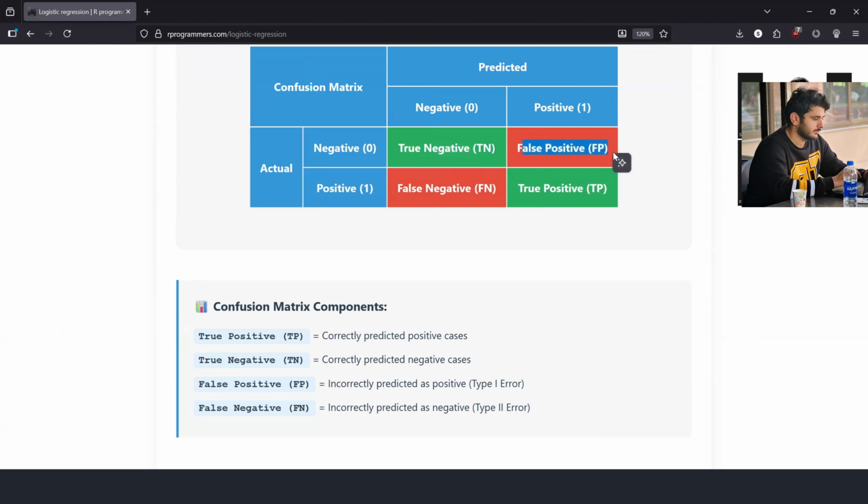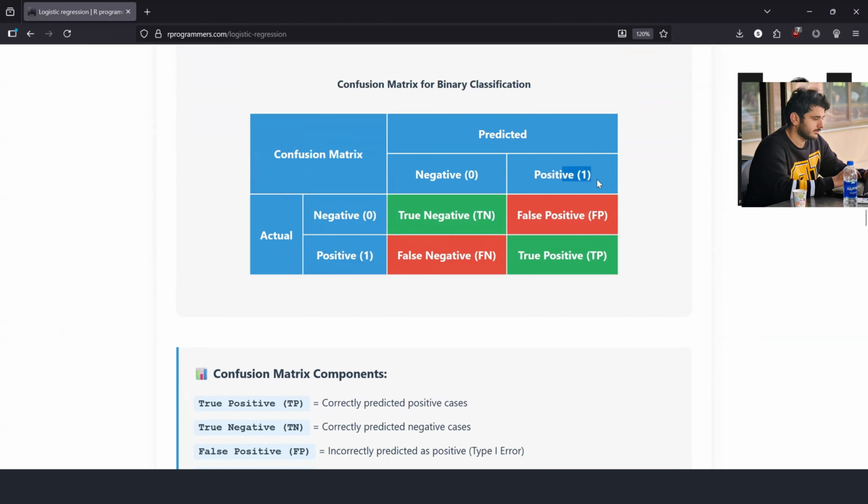But a false positive means we incorrectly predicted a disease when they don't have any disease. These rows represent the actual 0 and 1 in the data, and these columns represent the predicted 0 and 1. That's why we get true negative and false positive. Do you understand?